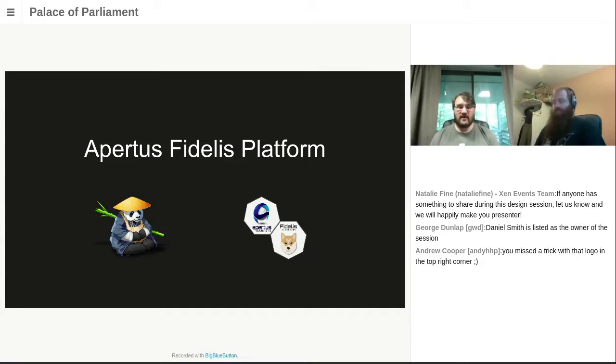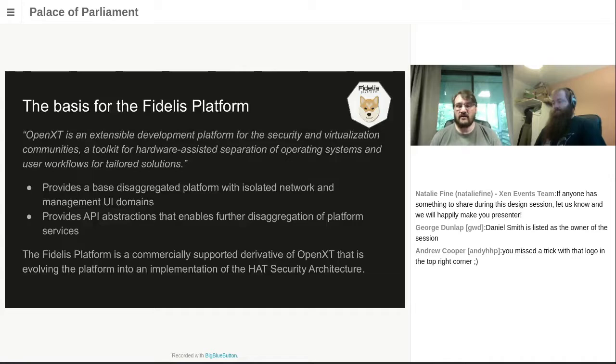So that brings us to Fidelis. Fidelis is the realization of all these theoretical concepts in terms of the architecture, the capabilities that we've been advocating to be brought to the surface in Xen, and then integrating them on the OpenXT platform.